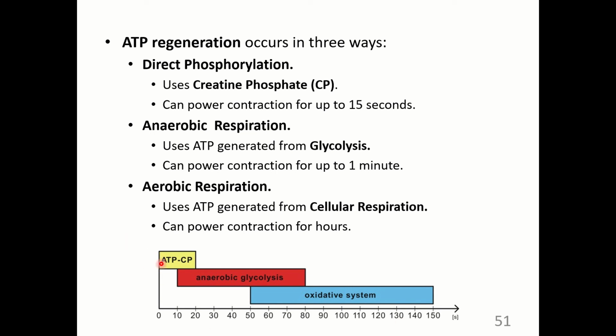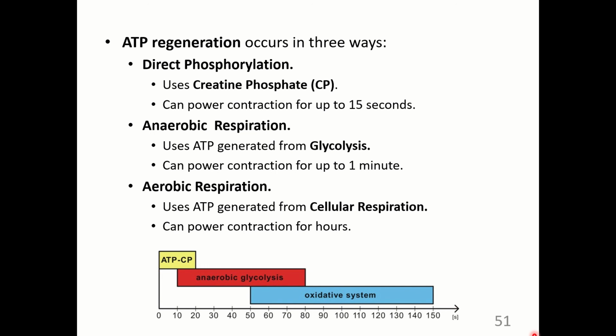So here we see that the creatine phosphate can power contraction for up to 15 seconds, glycolysis for up to a minute, and then the oxidative system uses oxygen and breaks apart glucose and fatty acids further than the glycolysis will, so it oxidizes these molecules and produces an indefinite supply of ATP.